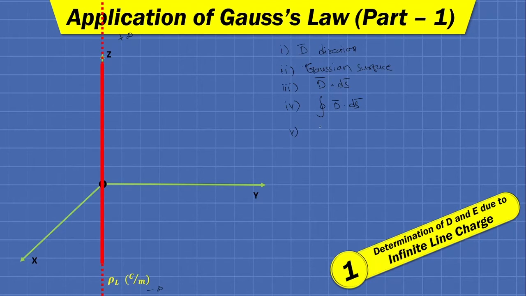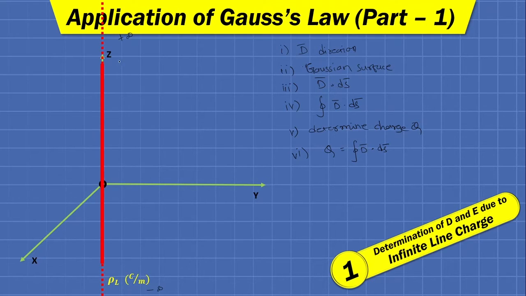Then the fifth step is to determine the charge, and then we will compare Q equals D bar dot dS bar. So this is the standard procedure to determine anything with the help of Gauss's law.